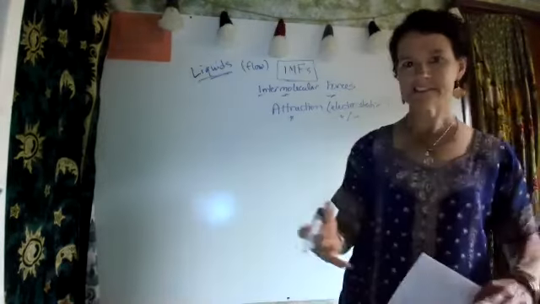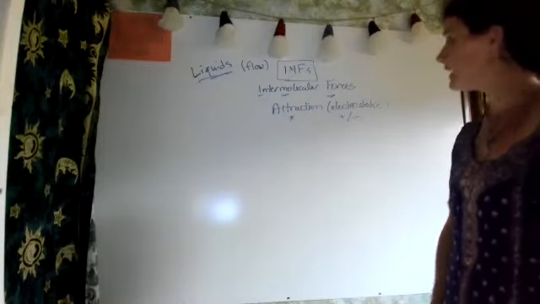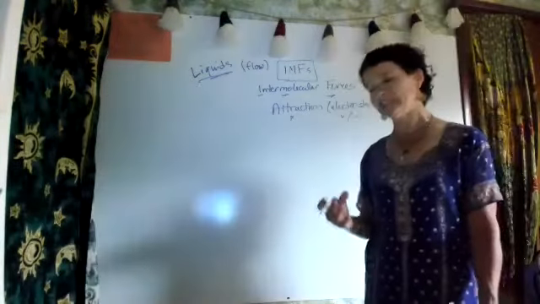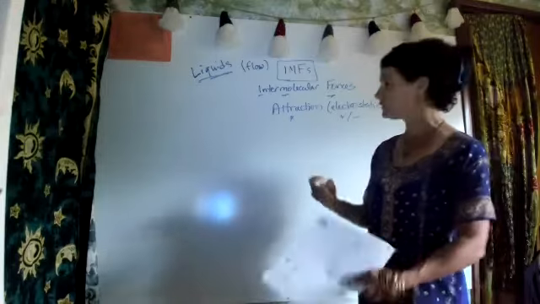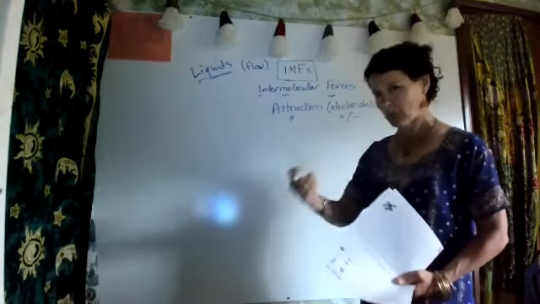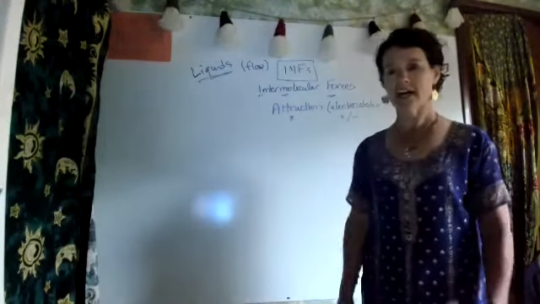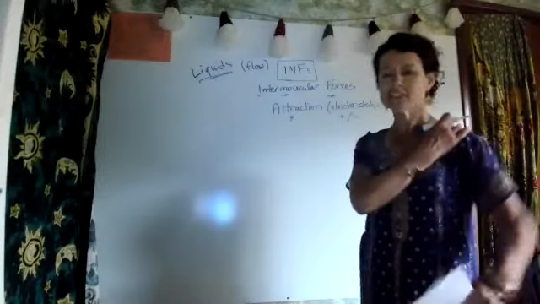The very first one we're going to talk about is ionic. Ionic bonds are not truly a bond. They're actually just an attraction between positive and negative. The only true bond that exists is a covalent bond, where things are actually attached.